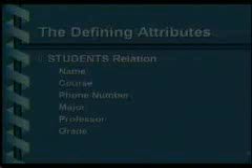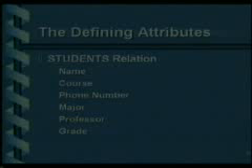Now, what will be the defining attributes of this particular student relation? Well, the student relation should consist of some bare minimum facts, that is name, course, phone number, major, professor, grade. Addresses and other details we are omitting for the sake of presentation only.